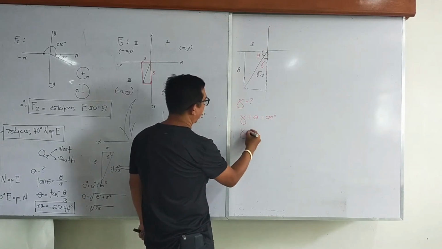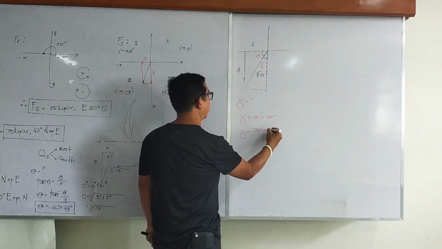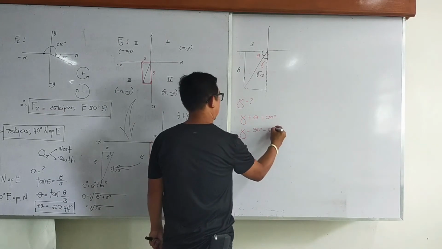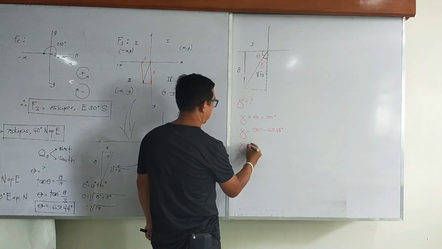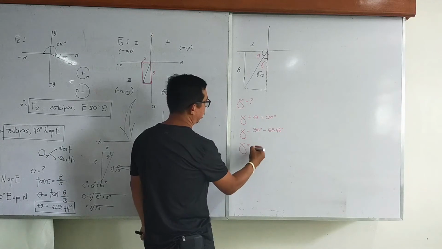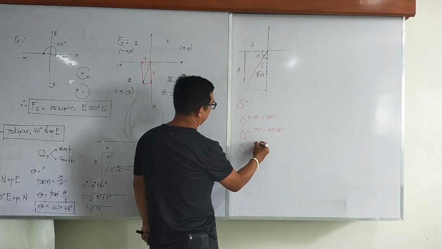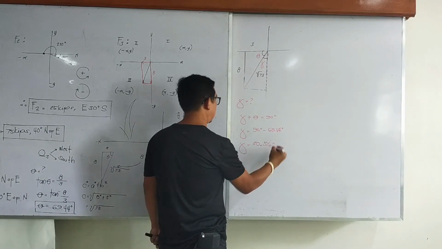You can have your gamma as 90 degrees subtracted with theta, that is 69.44 degrees, thereby allowing you to get a value that is equivalent to 20.56 degrees.